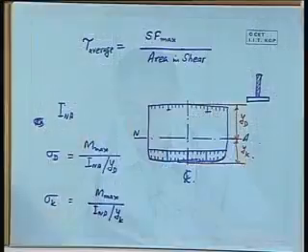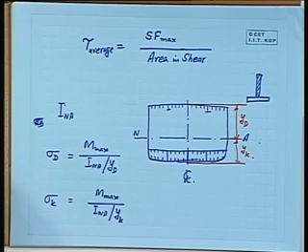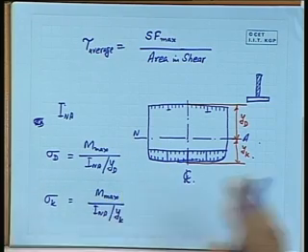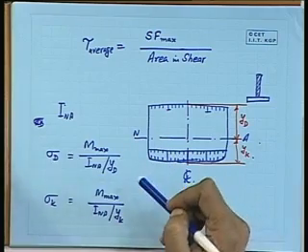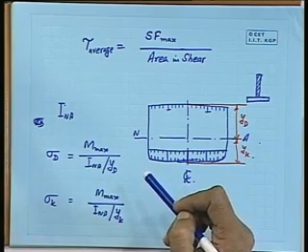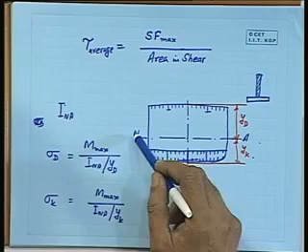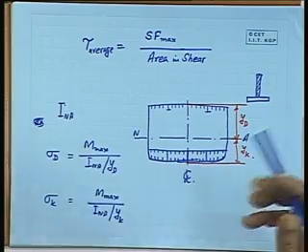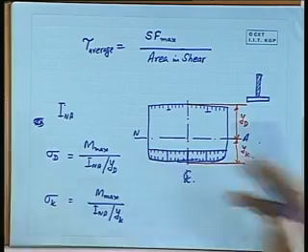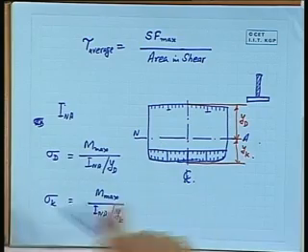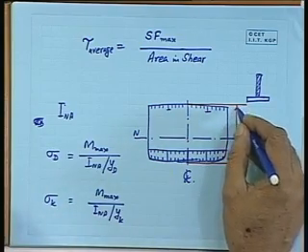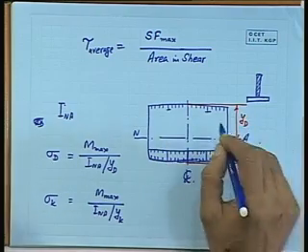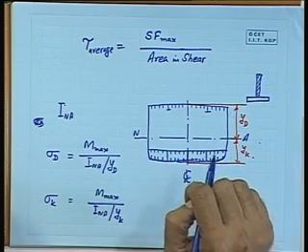Now here we can see that the I by Y for the keel will be numerically greater than I by Y for the deck, because this neutral axis, by virtue of the way the materials have been disposed, will be slightly more than half the depth of the vessel from the deck side.